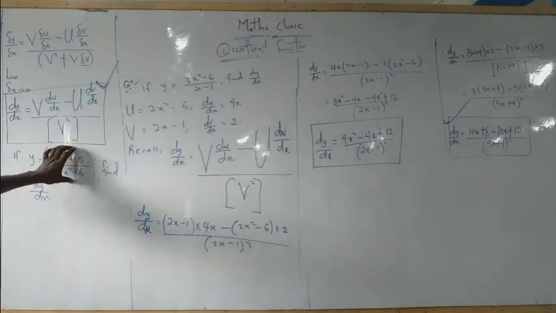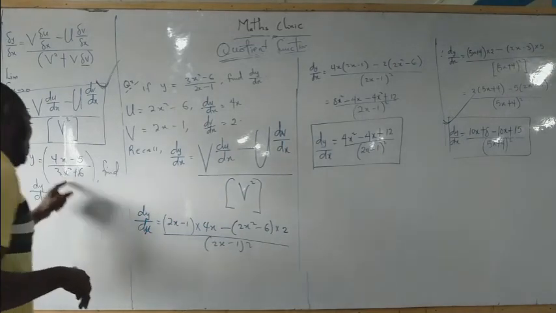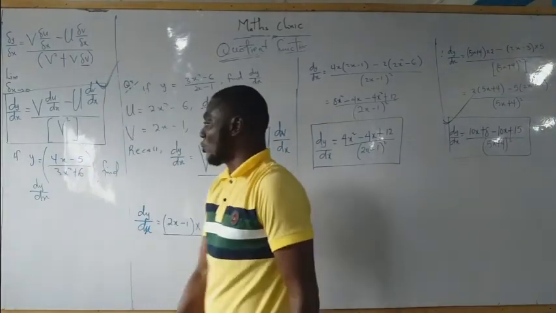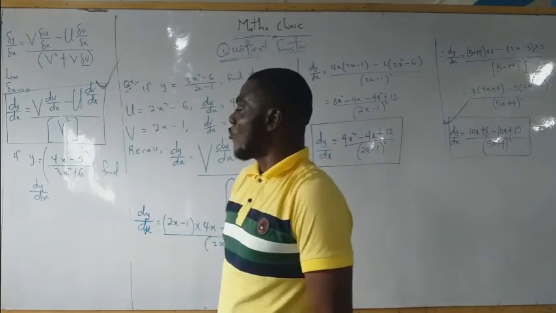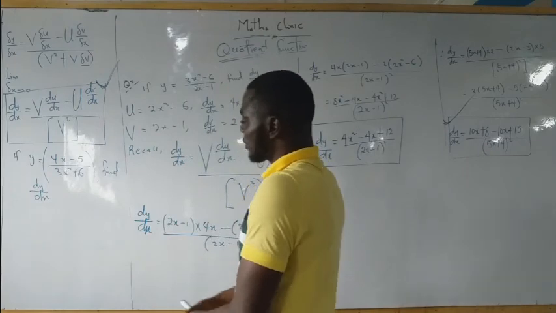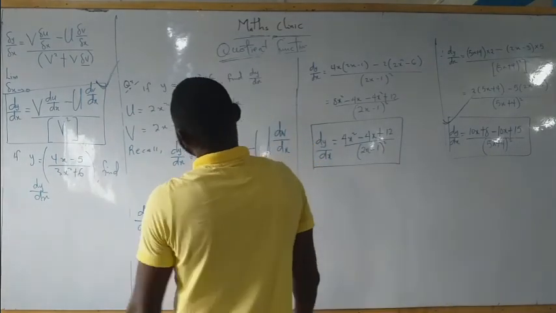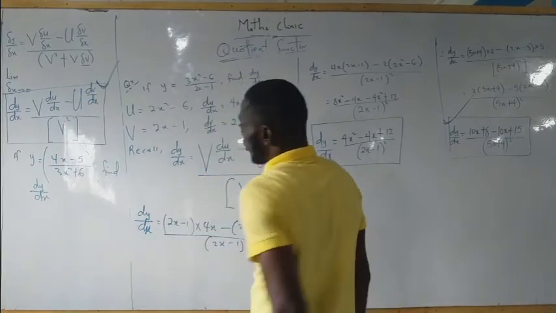Don't forget that this is a quotient function, because it has to do with division. So this is the word quotient function because it has to do with the division sign. Of course, you can say that it is 4x minus 5 over 3x squared plus 6. Please take note. Please solve this and send your answer. So this will be your u and this will be your v.